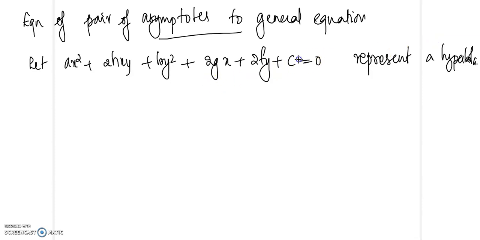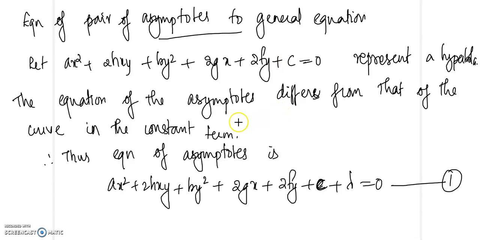So our asymptote equation will be this plus some constant equal to 0. Therefore we can take the equation of the asymptotes to be ax square plus 2hxy plus by square plus 2gx plus 2fy plus c plus lambda equal to 0. Now this will represent a pair of straight lines.